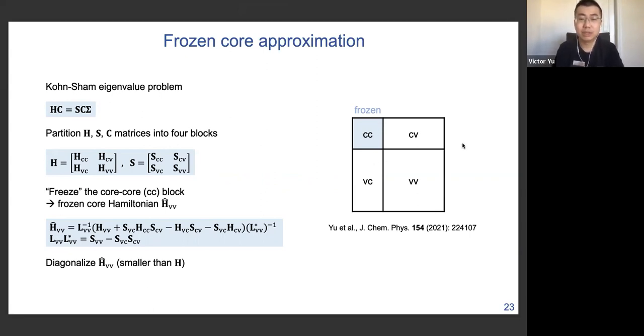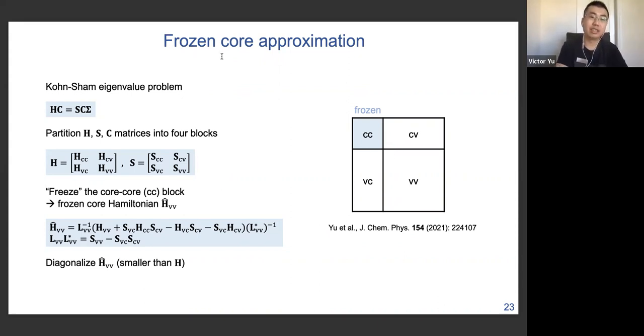We know that when atoms get together and form molecules or solids, only the valence electrons change. The core electrons barely change, which means it's reasonable to keep the core part of the problem frozen.